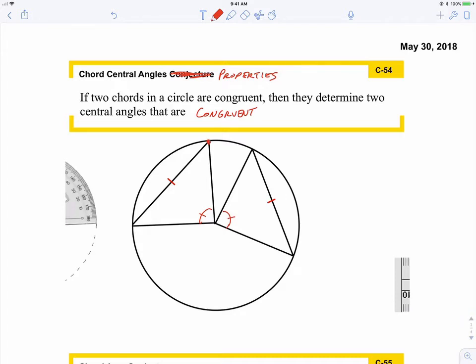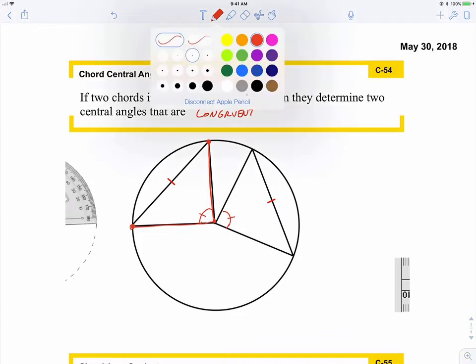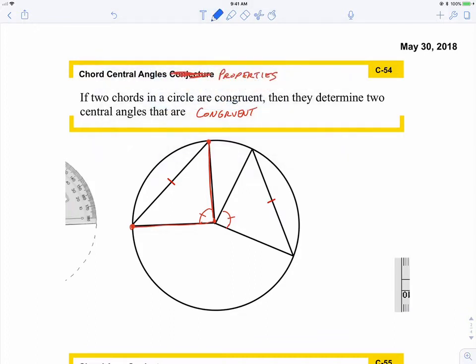Notice these central angles, this red one, the angle goes out to the endpoints of the chord. And let's do this blue angle here. Notice that its sides go out to the blue endpoints.